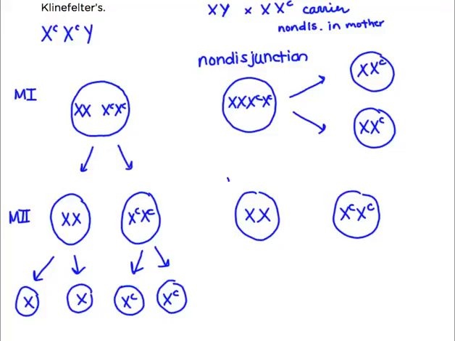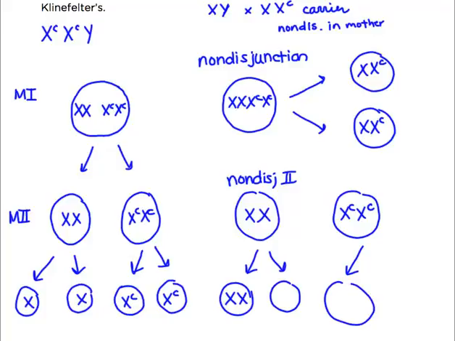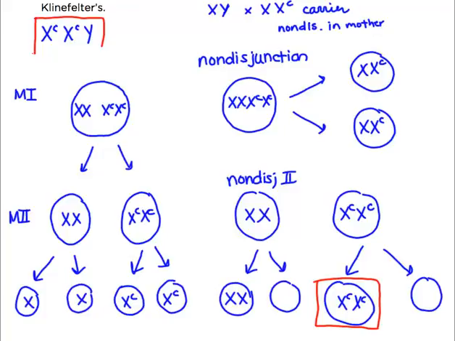And if you have non-disjunction here, which would be called non-disjunction 2 for meiosis 2, you would get gametes, one that has 2 normal X's and one that has no X, one that has 2 colorblind X's, and another that has no X. So obviously here, this is the gamete that fused with a gamete with a Y chromosome from the father to make this Klinefelter son who is colorblind.